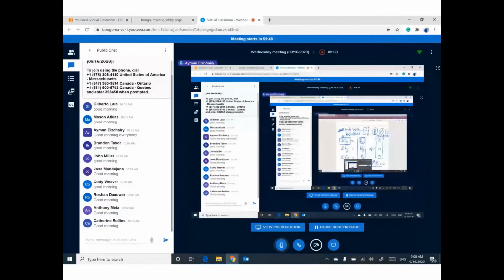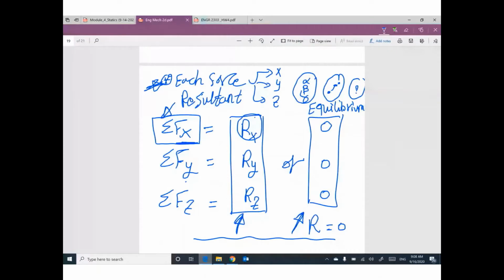The key for this week or last week for forces in 3D is how to break each force into 3 components. We have 3 situations. Please go back to these and train yourself how to use them.